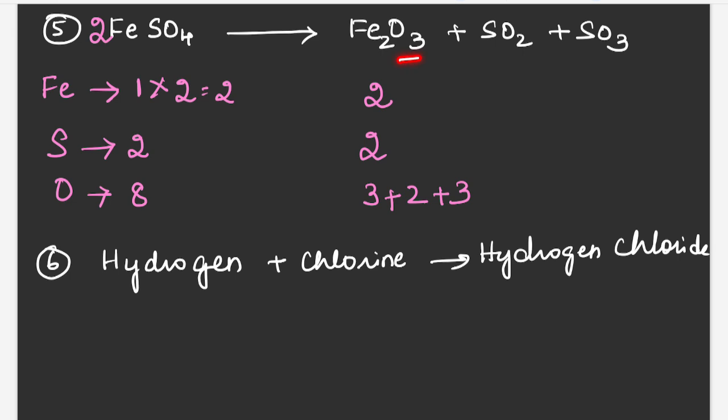So 3 oxygen, 2 oxygen, 3 oxygen. If you add this, how much will you get? You will get 8. So it is balanced on both sides. This is the balanced chemical equation. Is that clear?